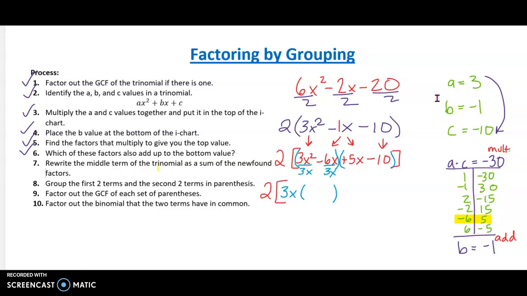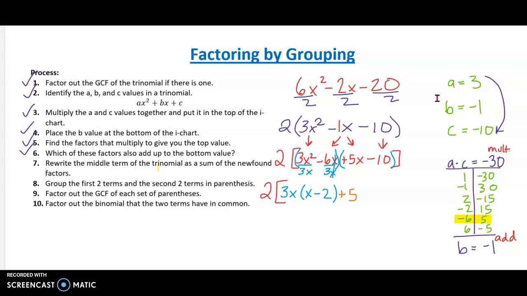So to find what remains, remember you divide each of the terms by the GCF. 3x squared divided by 3x is 1x, or just x. -6x divided by 3x is -2. Because x divided by x is 1, those x's go away. Now, what is the GCF of our second set of parentheses? All right, they're both divisible by 5, so positive 5.